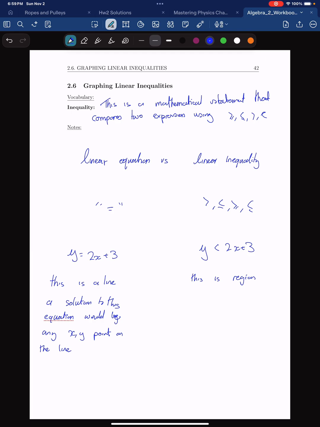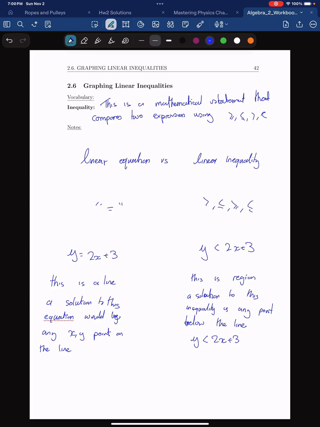So this is a region, and a solution to this inequality is any point below the line y is less than 2x plus 3.